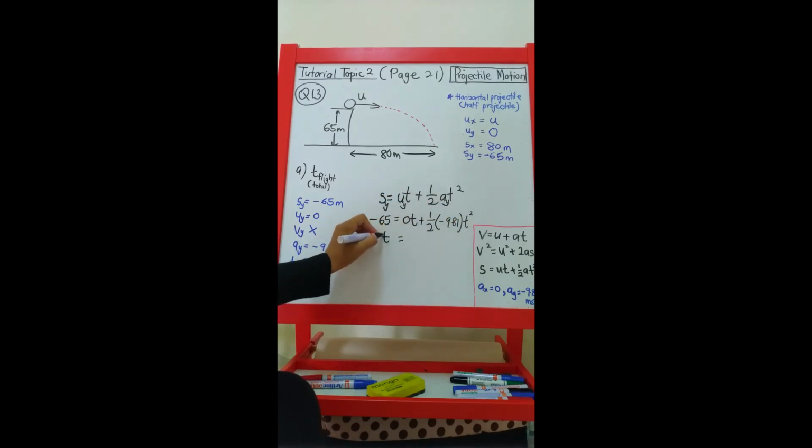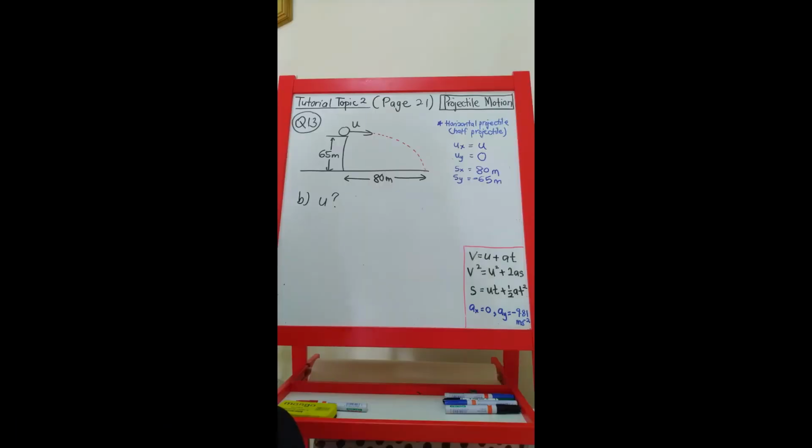Therefore, when you rearrange the equation, you will get t equals 3.64 seconds.